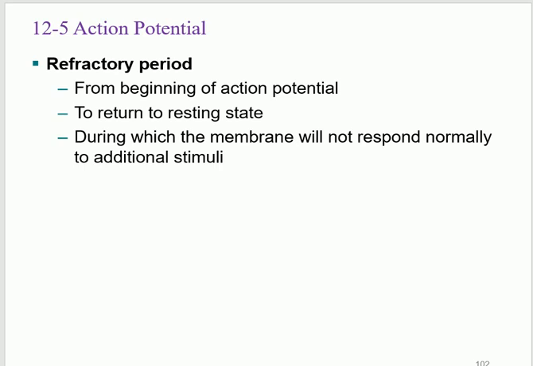So here it is: resting, slow, rapid, reach the top, and then you go down, repolarize, hyperpolarize, right? What if after all of this and everything is over, another stimulus comes? It's going to make another one, right? What if it comes a little bit earlier?